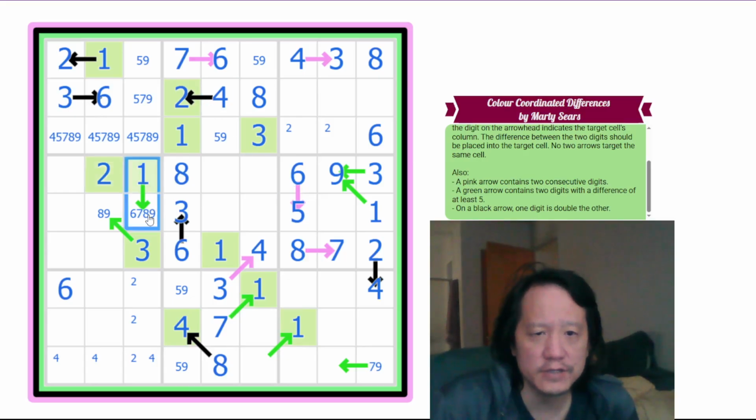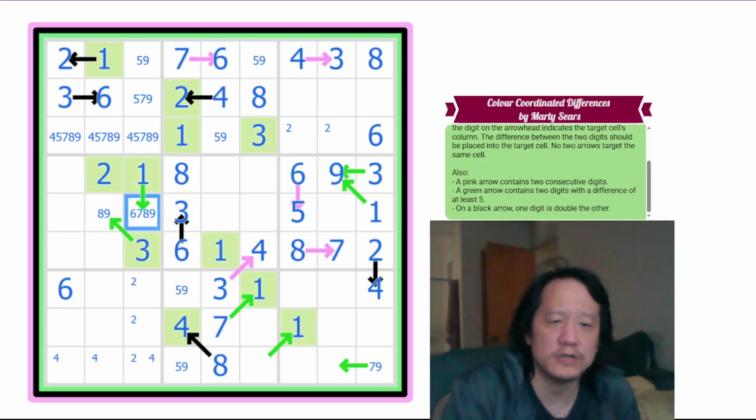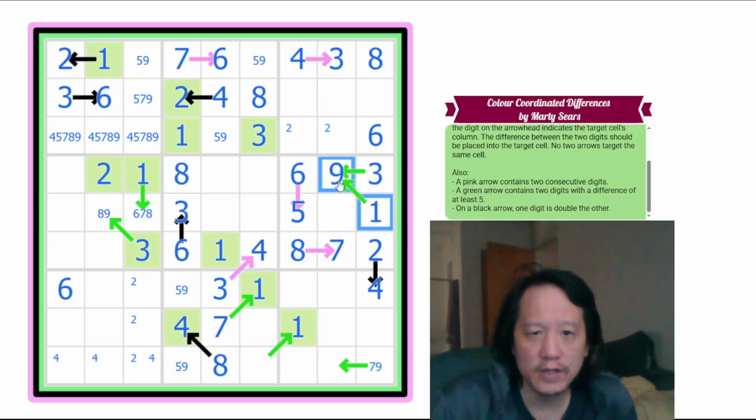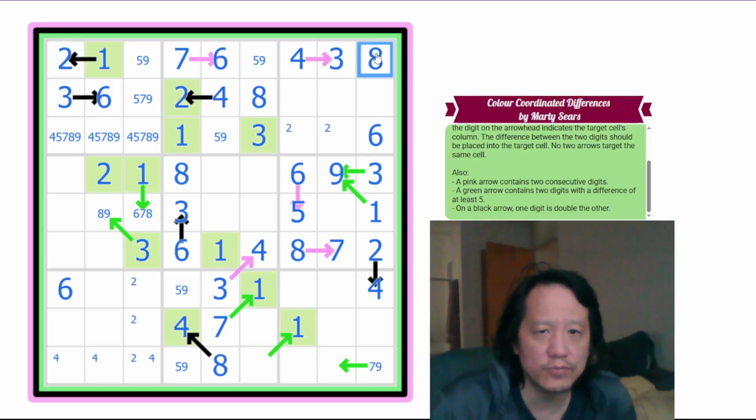We don't know what that is. Cannot be 1, 9, though, because we know, again, they can't point to the same digit. We already have 1, 9. So row 1, column 9, row 3, column 9 are both pointed to.